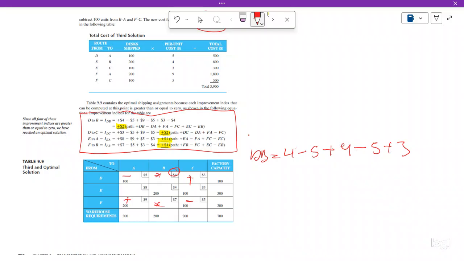Why is it 6? What did they add? They added a minus 4, okay? 4 minus 5 plus 9 minus 5, plus 3. They added the 3. This 3 here.